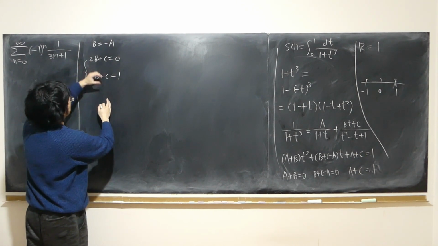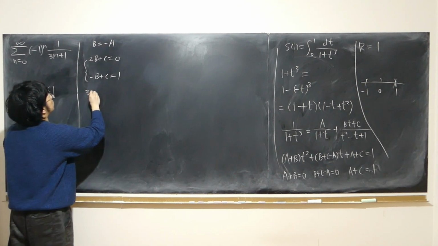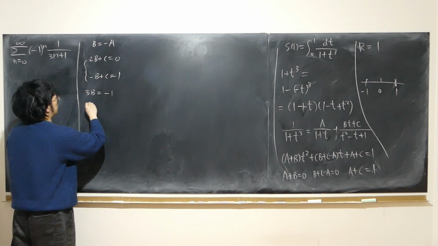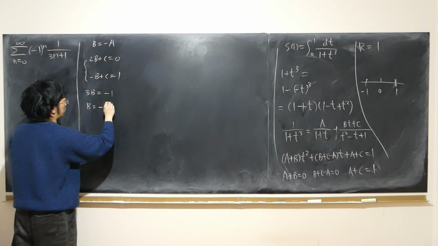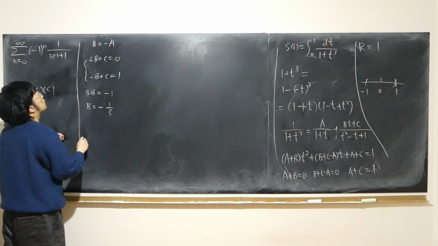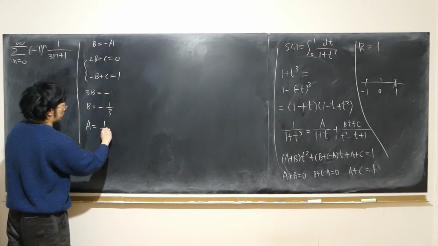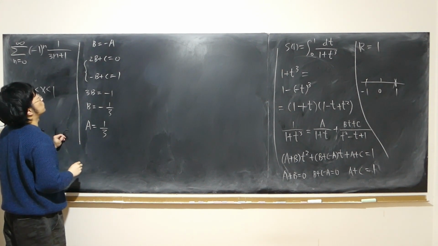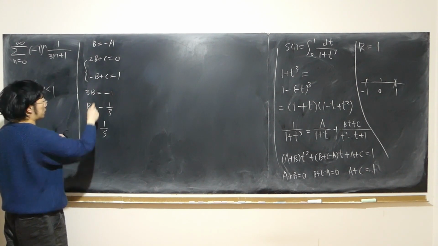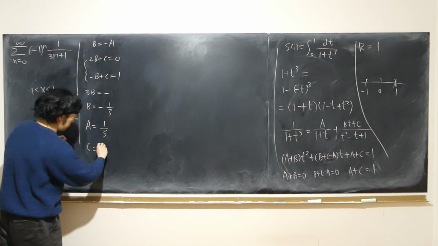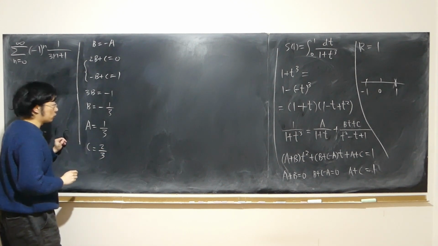So this minus that, we have 3b, c is gone, we have minus 1. B should be equal to minus 1/3. So a is equal to 1/3. C is equal to 1 plus b, that is 2/3. Right, no problem.